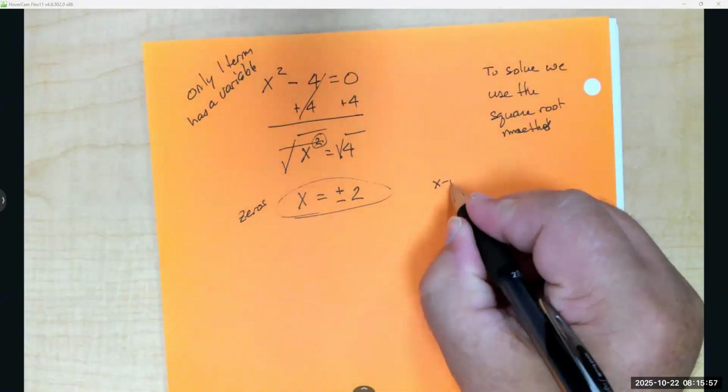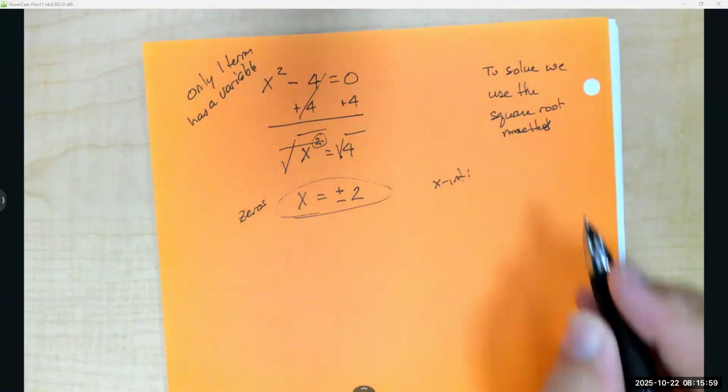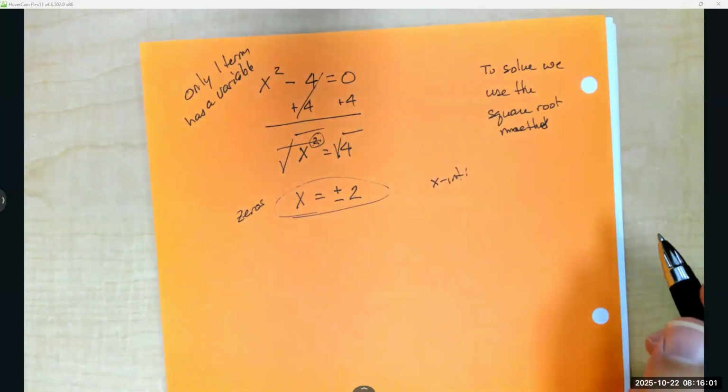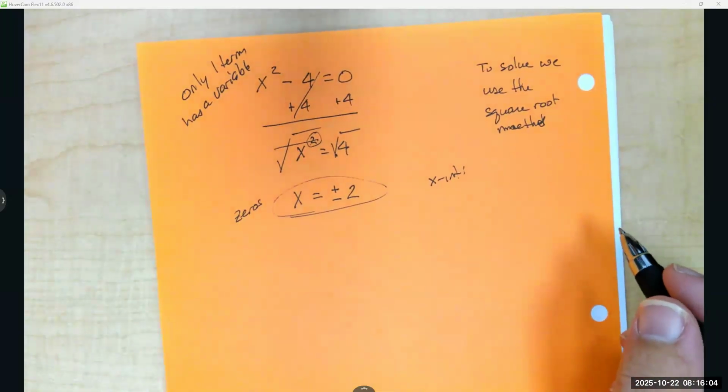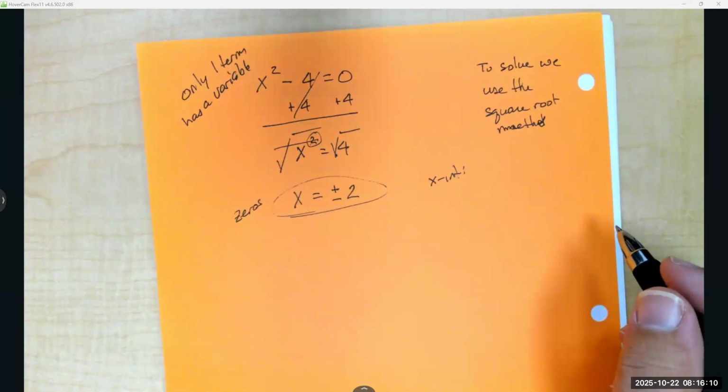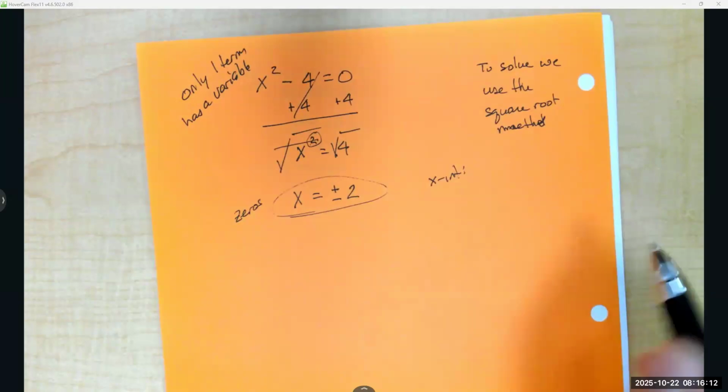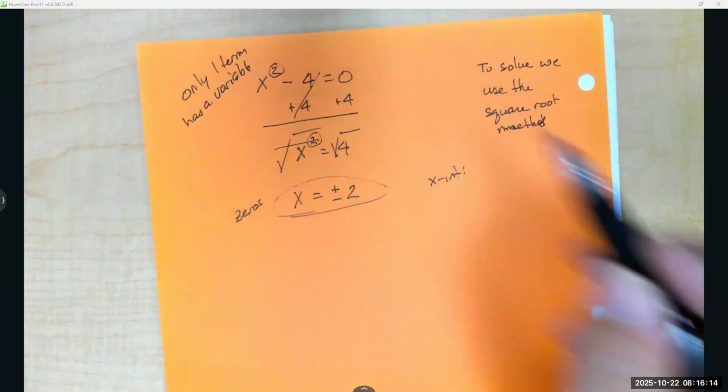What would my x-intercept look like? How many x-intercepts do I have? It has to be 2.